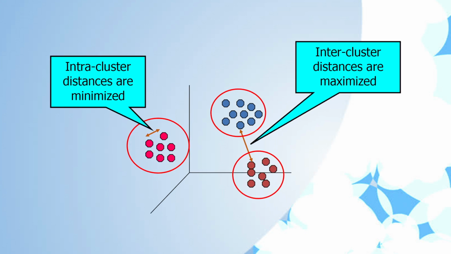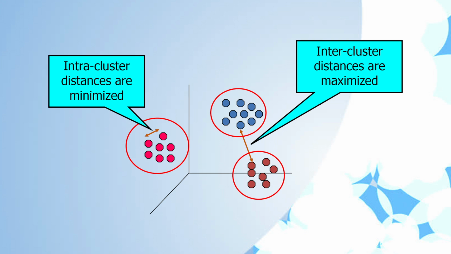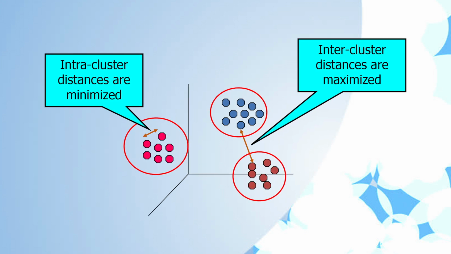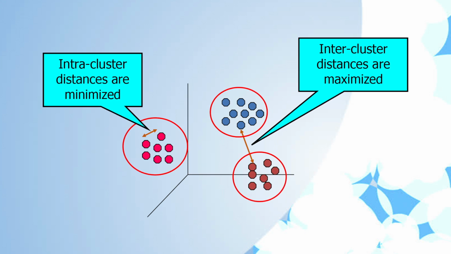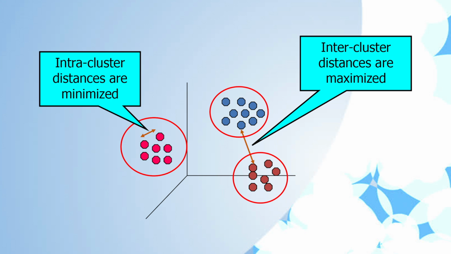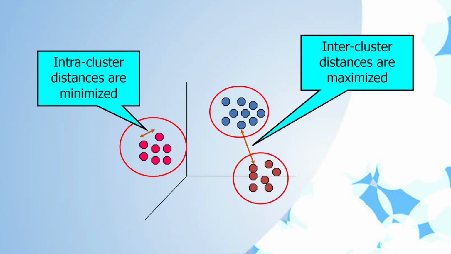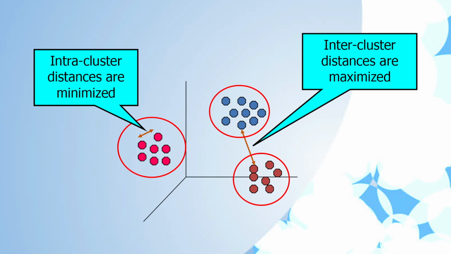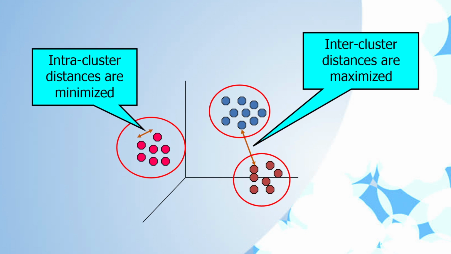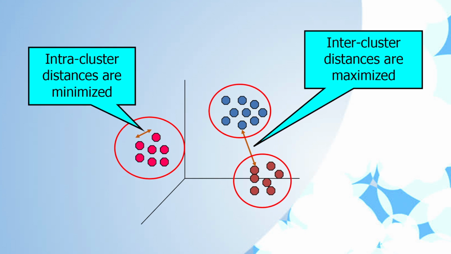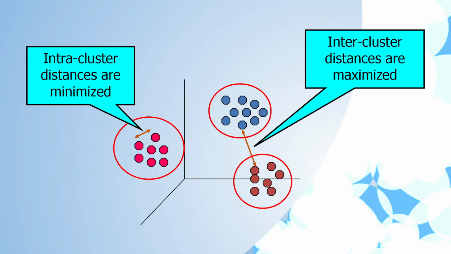We call the distances between the objects in a group the intra-cluster distances, and these have to be minimized. The other thing is, between the clusters, the distance should be maximized. The distance between the clusters is referred to as inter-cluster distance. So, inter-cluster distances have to be maximized. That is the basic goal of cluster analysis.